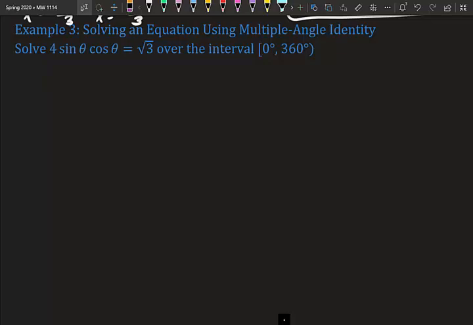But if you've ever taken me before, I've always said you can do whatever you want to your equation as long as you don't change the value. So I'm going to make this a double angle identity because I can, and you'll see how.